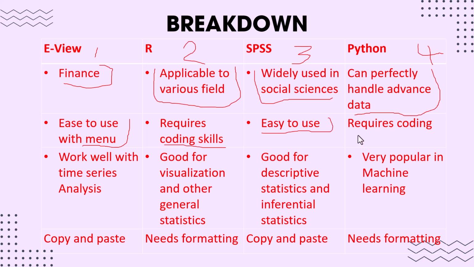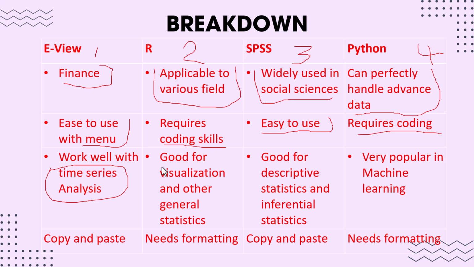If you talk about the types of data that it can effectively and efficiently handle, eViews works well with time series analysis. In case you are wondering what type of data is referred to as time series analysis, you can check one of the previous episodes which talk more on time series analysis.